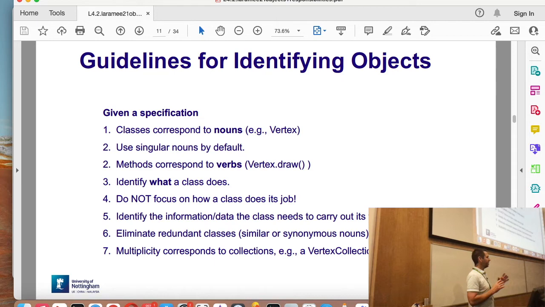If you call a class vertex collection, then I know immediately what it's doing. And you have different kinds of collections. You have things like arrays, array lists, vectors, collections. So adding that extra information will tell you a little bit more about how the class actually manages the collection.